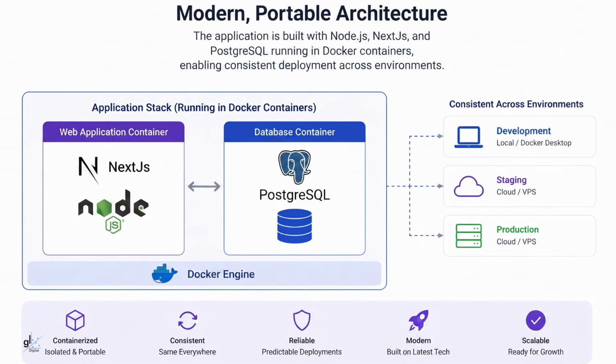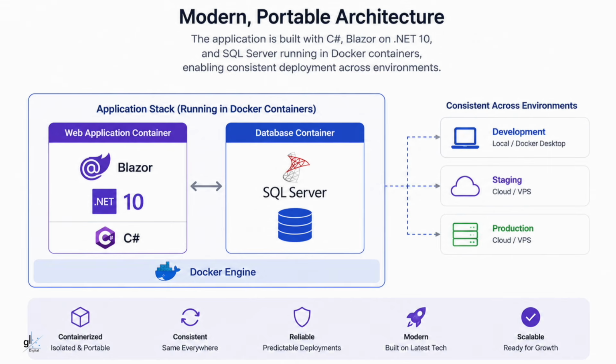You could just as easily have used, for example, Next.js and Postgres to build this e-commerce application, but I have chosen Blazor and SQL Server. The deployment pipeline would still be very similar. So built into the architecture is a distinct separation of concerns. The developers can use whatever programming languages, frameworks, and database management systems they prefer to build the logic of the application.